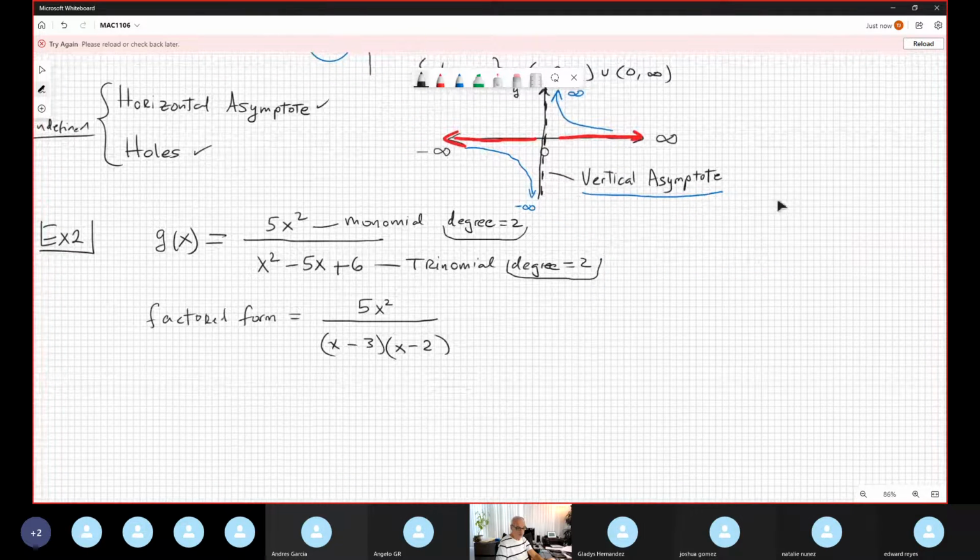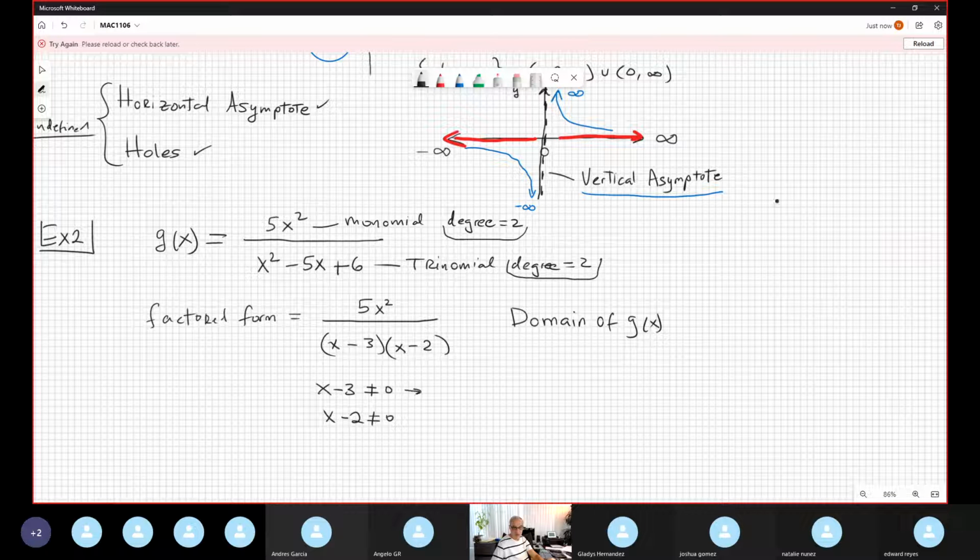So in this case, the domain of this function g is all real numbers except, remember, you take the part in the bottom, not 0.